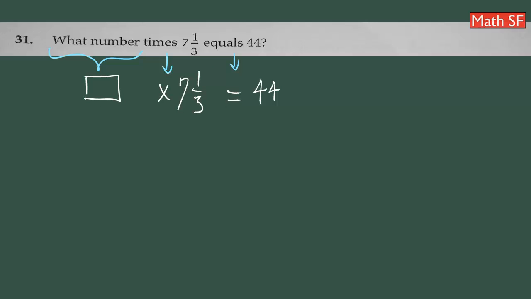We must divide the product, because this is the product, and these are your multipliers. So let's divide. The product 44 divided by the non-multiplier, which in this case is 7 1/3.